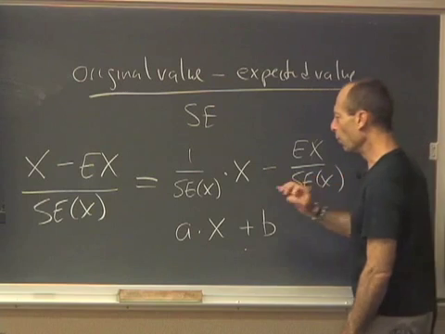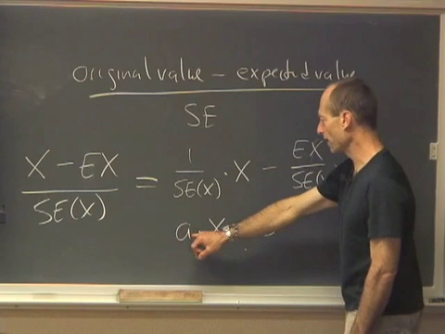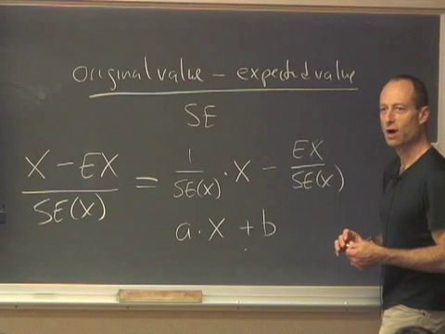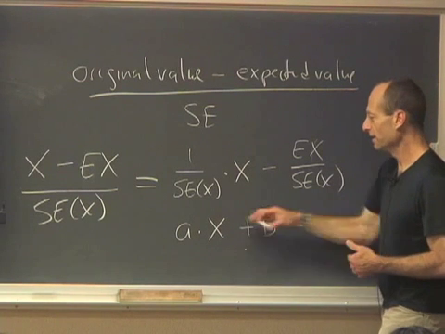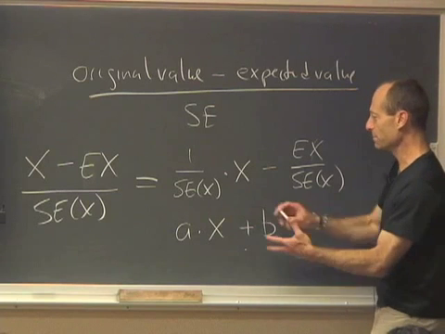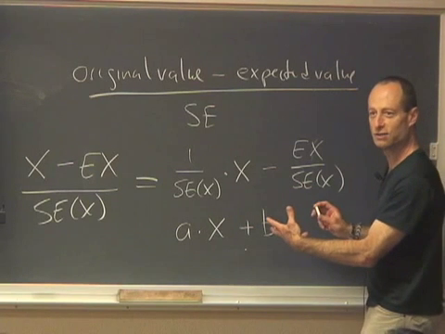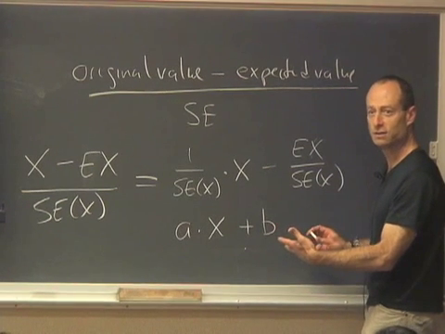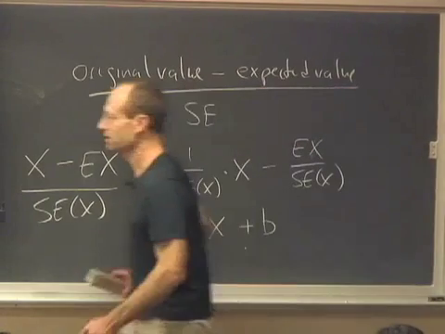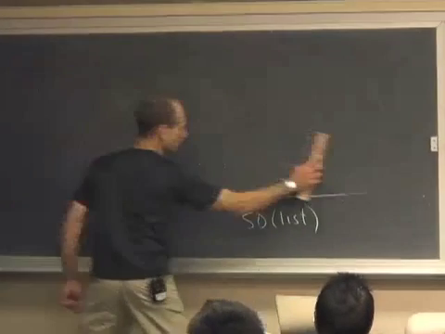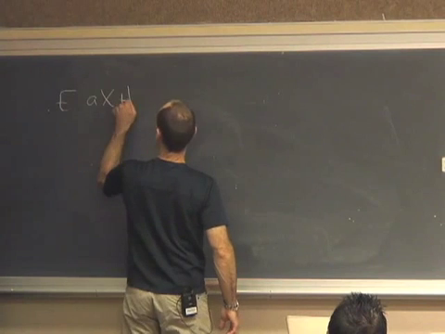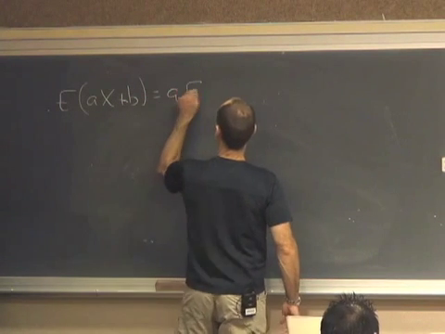Now, what's the expected value of a constant times a random variable plus a constant? Remember, one of the properties of the expected value is that the expected value of an affine transformation of X is that same affine transformation of the expected value of X. So it's always the case that the expected value of aX plus b is equal to a times the expected value of X plus b.